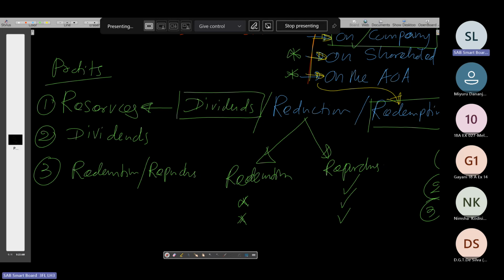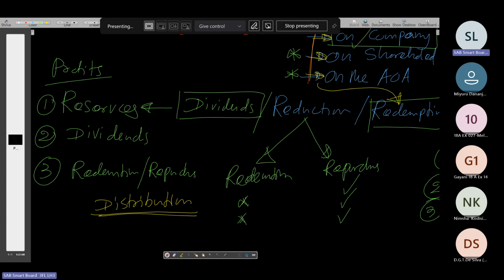Out of these three options, we can identify another concept known as distribution. Distribution of profits. Distribution means outflow: money or property transferred to shareholders.